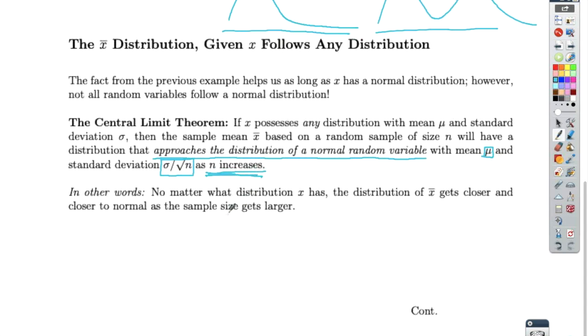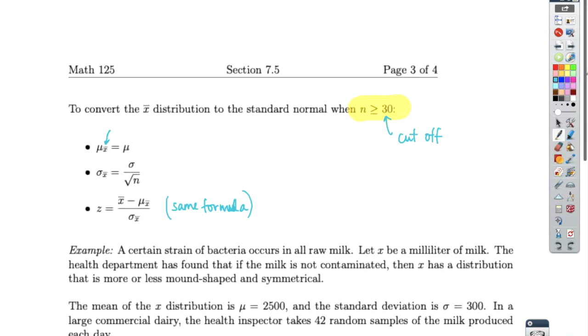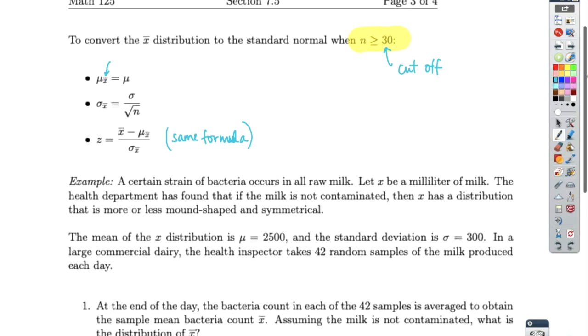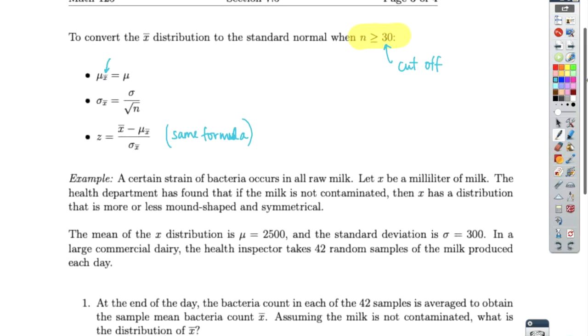As n increases, you might be wondering, how large does it have to be until we can consider this distribution normal? And the answer is 30. 30 is the cutoff. As long as your sample size is larger than or equal to 30, we are all good to assume that x bar has a normal distribution.